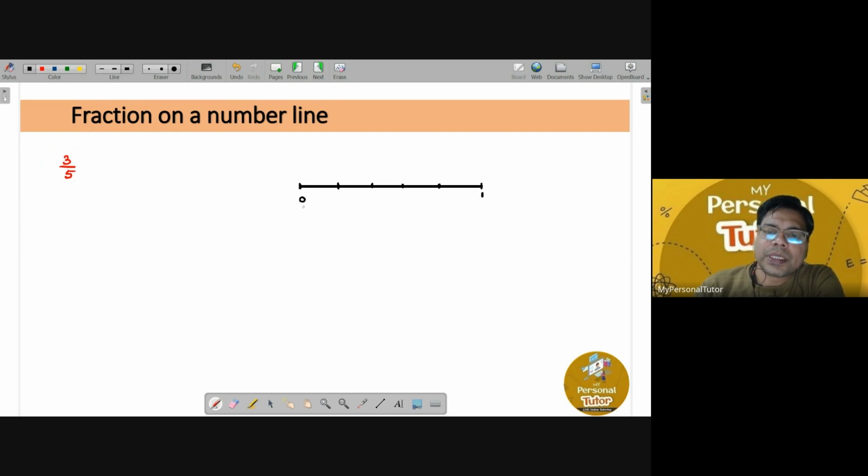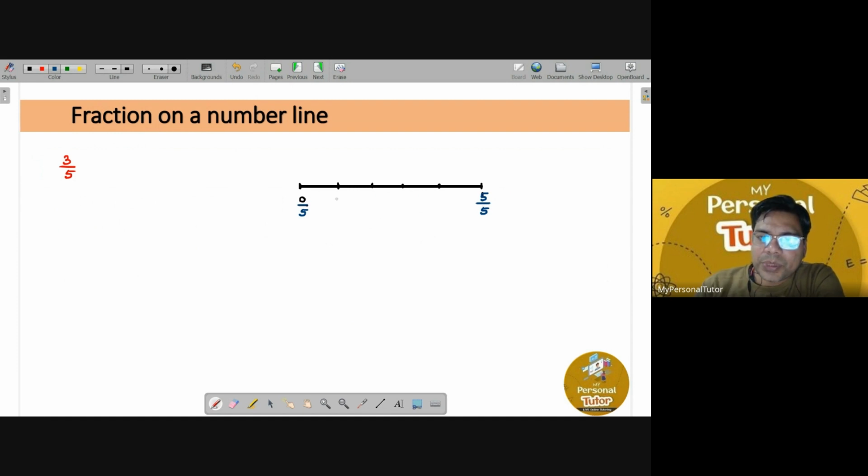Now what happens, I can write 0 as 0/5 as well. Yes or no? 0 can be written as 0/5 because 0/5 is 0 only. Now same way 1 I can write it as 5/5, right?